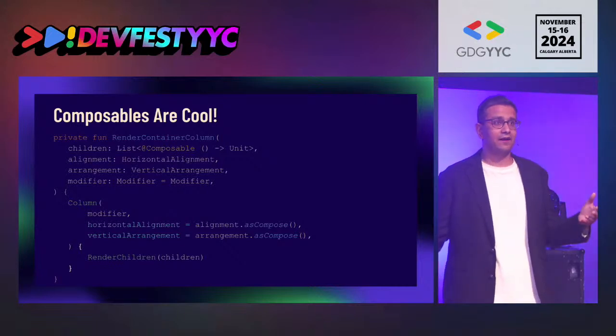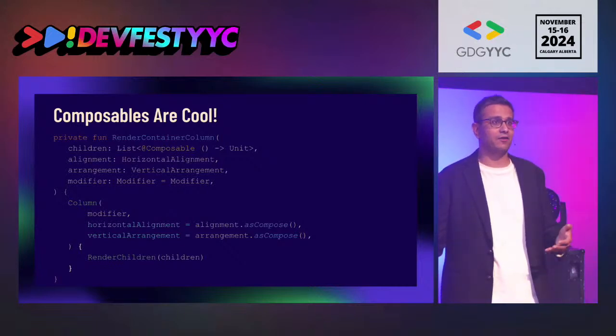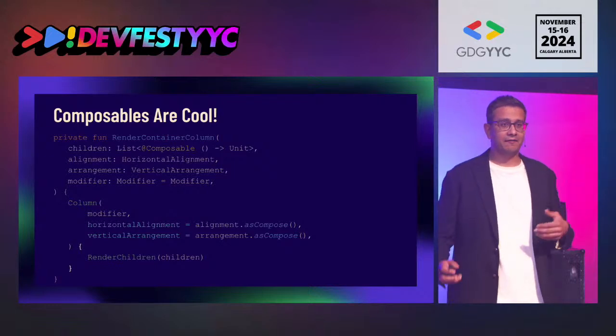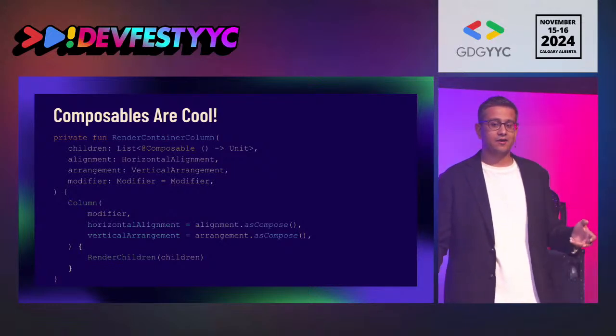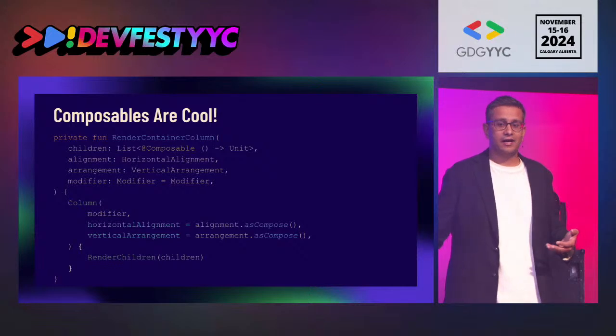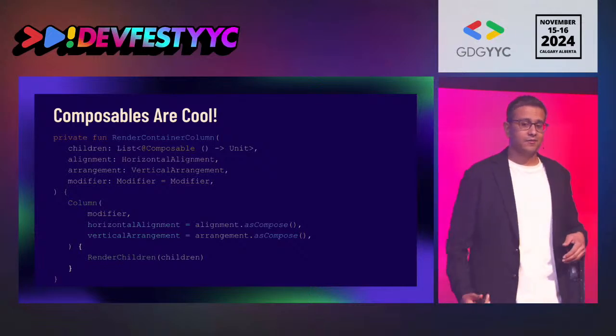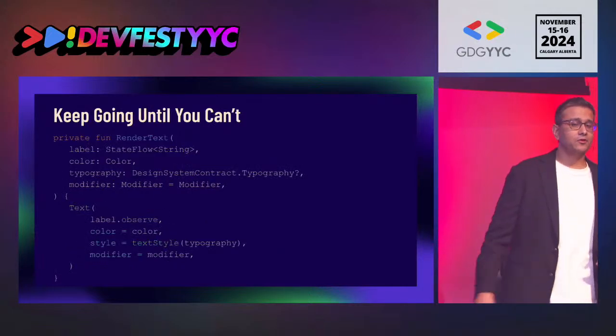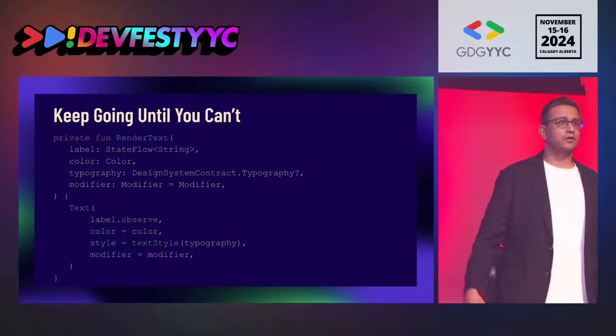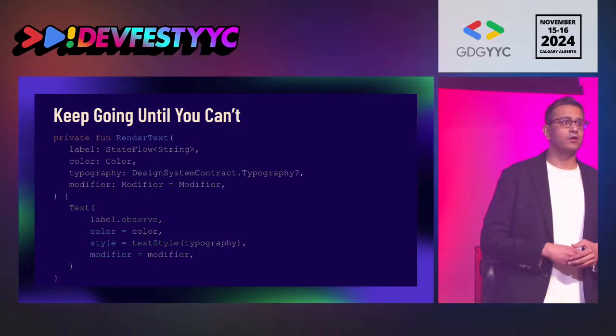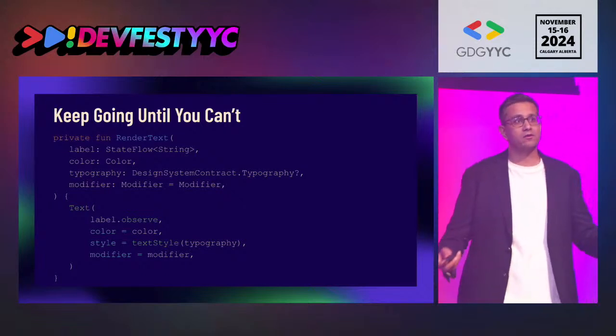And this is a code snippet from our Android app where if it ever gets a column to render, all it does is call this function. There's not a whole lot to it because you can compose all the way down. All those children, all of those little components have their own implementation for what that looks like on the Android app.